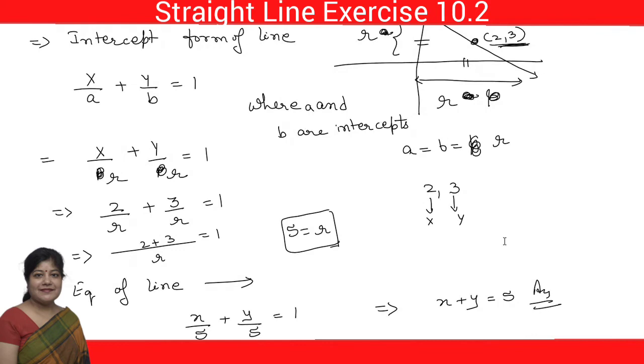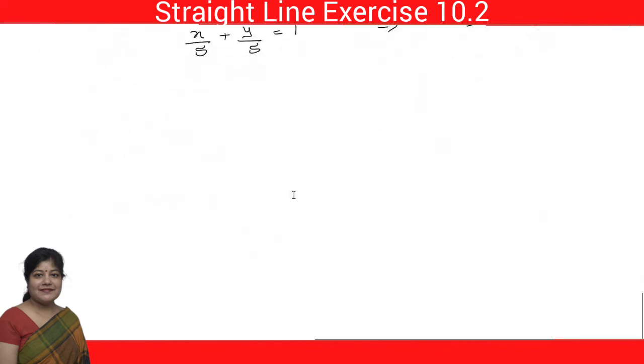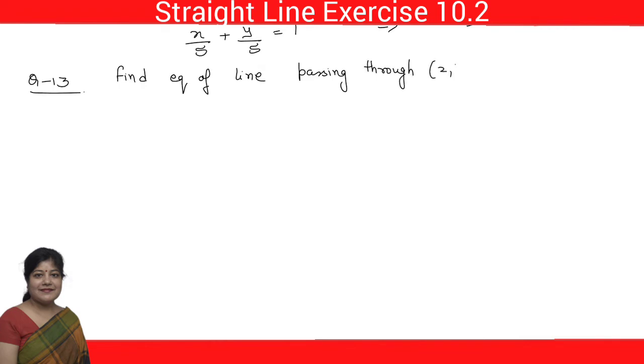Next question, 13. Find the equation of a line passing through 2, 2, cutting intercepts whose sum is 9.